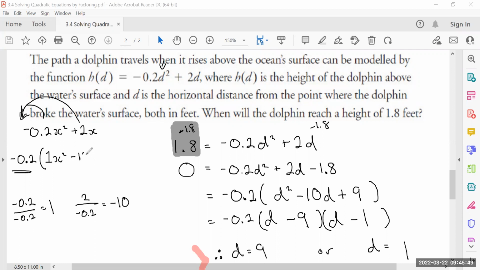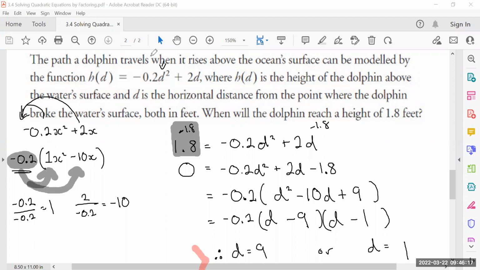And so I have negative 10x. Here's my proof. If I take my negative 0.2 and multiply it back in, I should get where I came from. Negative 0.2 times 1, I get this. Negative 0.2 times a negative 10, I get a positive 2. So they are sort of reverse of each other, as you can see from the arrows as well.